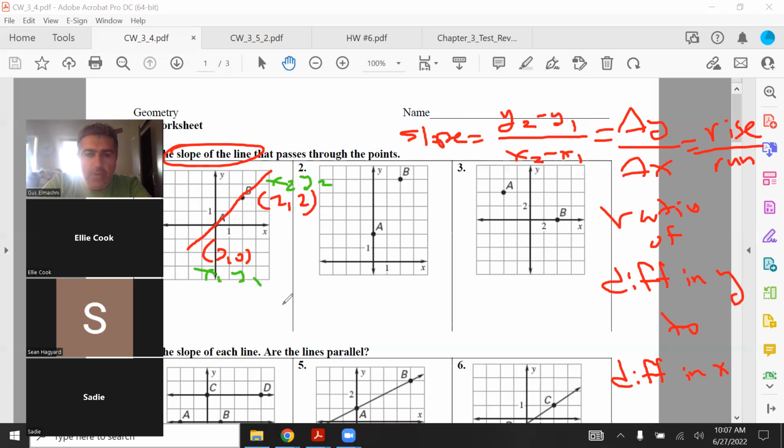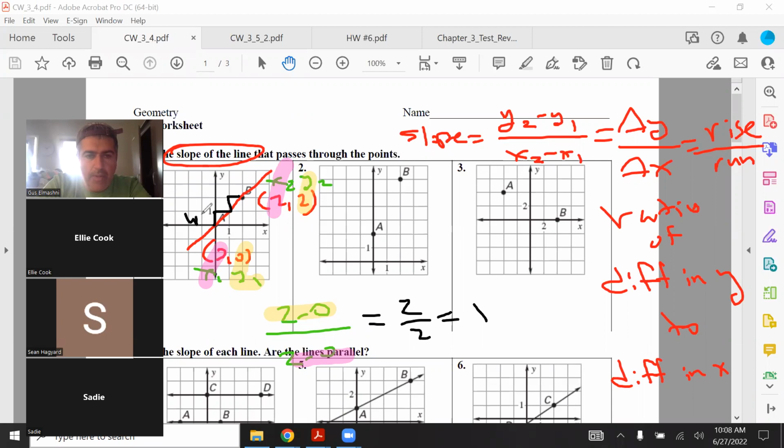So you do 2 minus 0 over 2 minus 0 again, and that's just simply going to be 2 over 2, which is 1. Or you think about it, you rise 1, run 1.